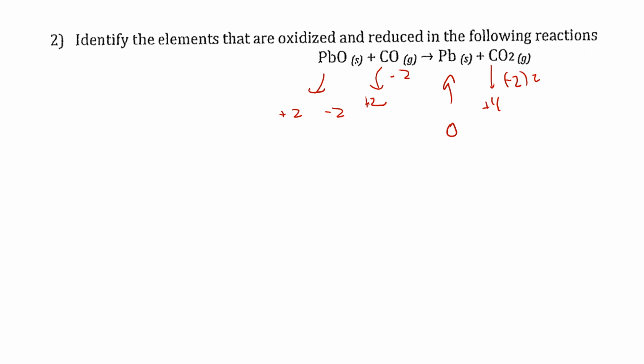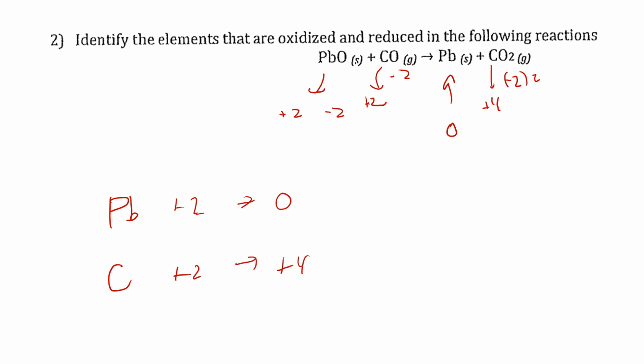The things we're focused on are maybe things that are not hydrogen or oxygen. So we have lead, Pb, going from plus 2 to 0, and carbon going from plus 2 to plus 4.